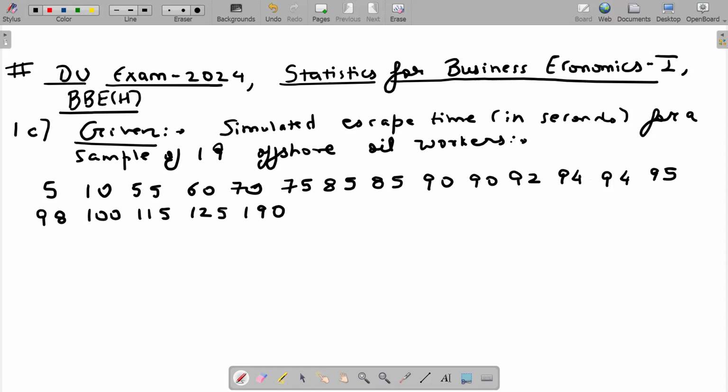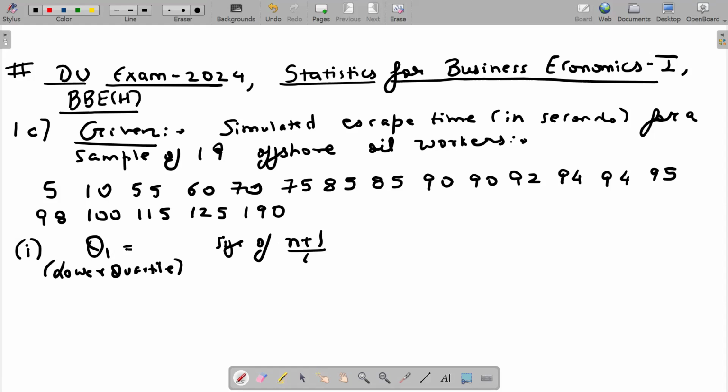Okay, so to construct a box plot, we first find the quartiles. So what is Q1? Q1, which is my lower quartile, is that value such that 25% of the observations lie below it. So Q1 is the size of (n plus 1) by 4th item, which is going to be, how much is n? n is 19.